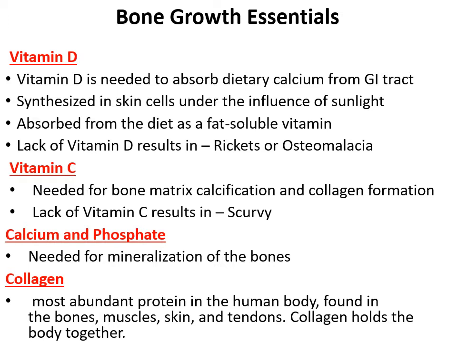It's also going to stimulate more activation of vitamin D to reabsorb calcium from the gastrointestinal tract. And parathyroid hormone breaks down bones. It resorbs bones and releases calcium and phosphate into the bloodstream. Okay, so calcium and phosphate are really important in bone growth.